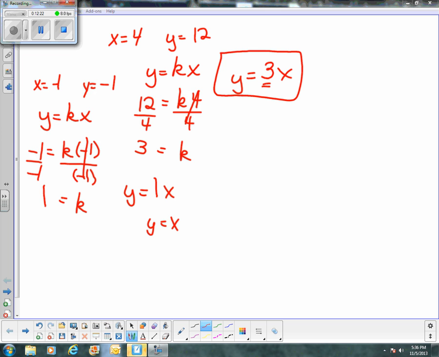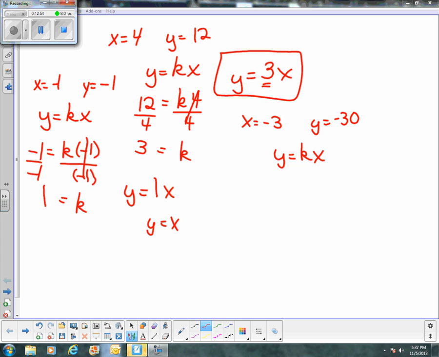Okay, now writing a direct variation equation. So to summarize, the variables x and y vary directly. When x equals -3, y equals -30. Write an equation that relates x and y so they vary directly. So we're going to start by using y equals kx.